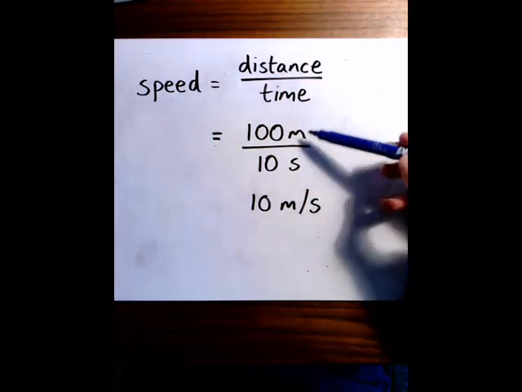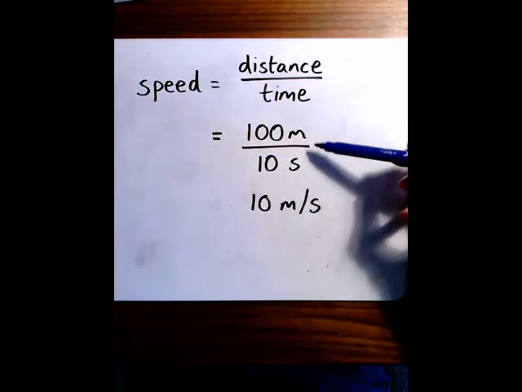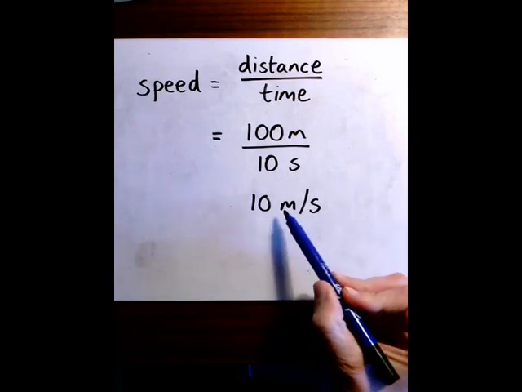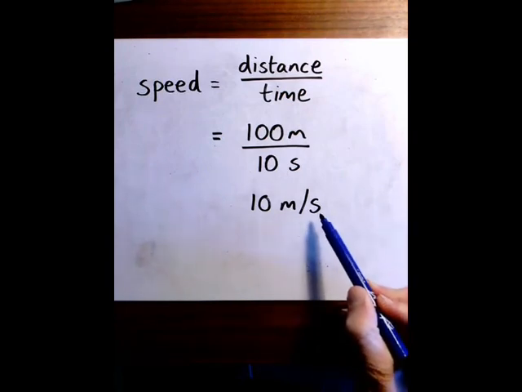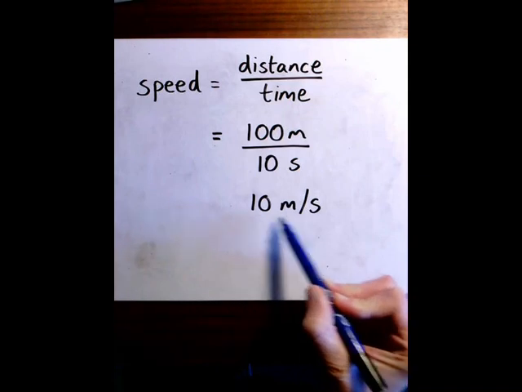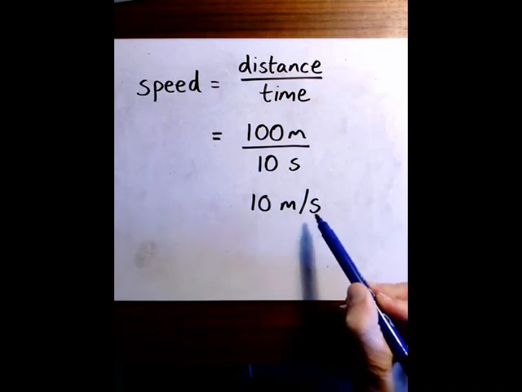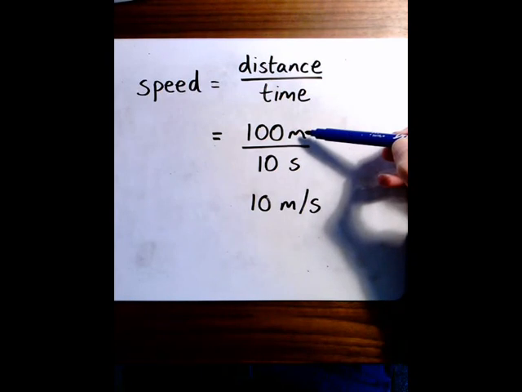So by dividing within this relationship, we create our compound unit of 10 meters for every second. If I imagine I was walking at this average speed and I walked for 10 seconds, I would end up covering 100 meters.